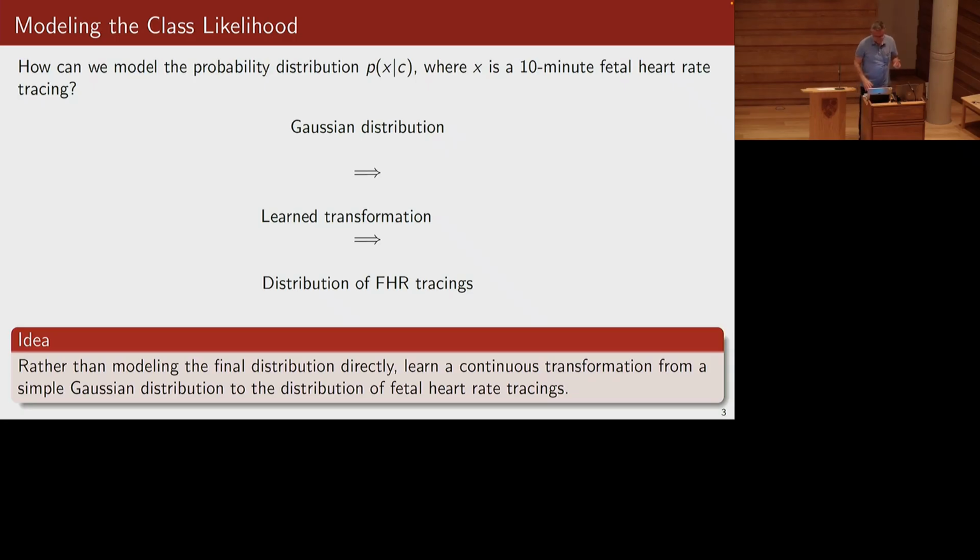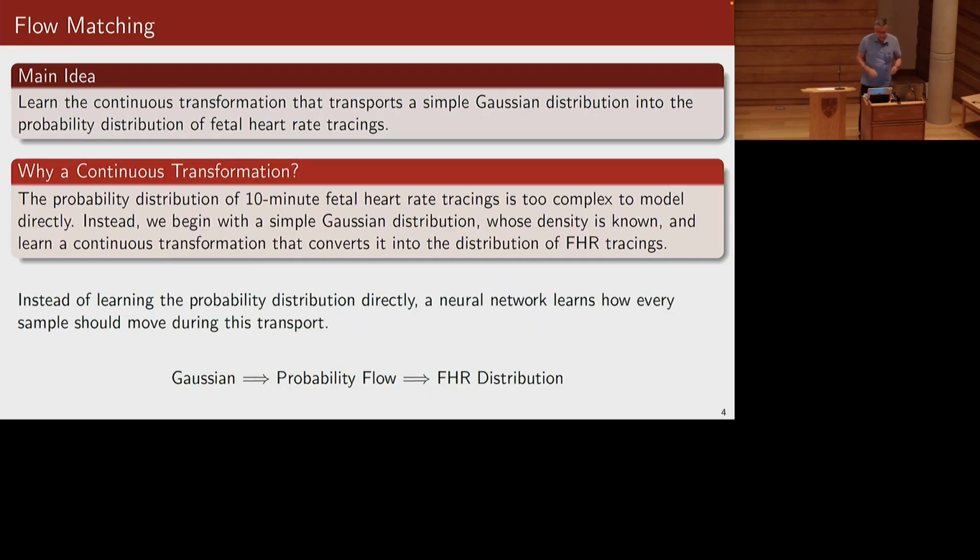Again, rather than modeling the final distribution directly, we want to use the principle of divide and conquer. Let's do it slowly, like slow cooking rather than fast cooking. The main idea is to learn the continuous transformation that transports the original Gaussian to the CTG distribution.